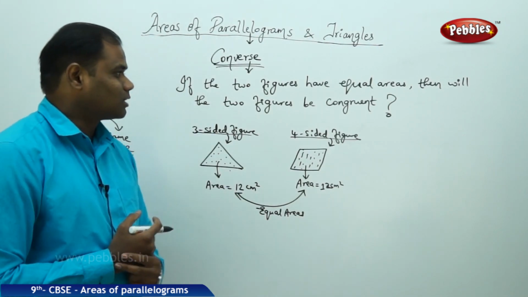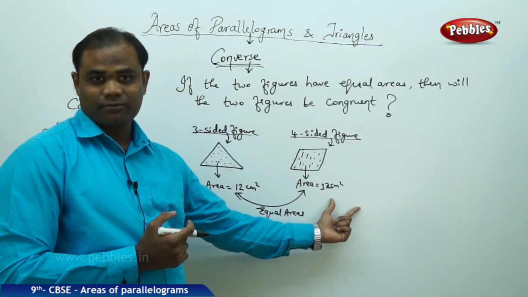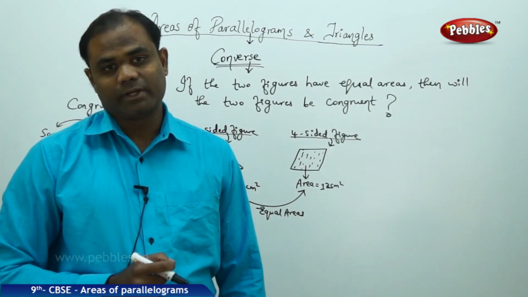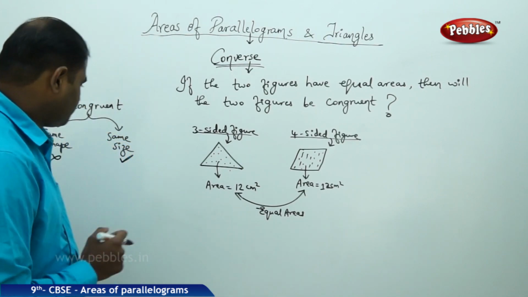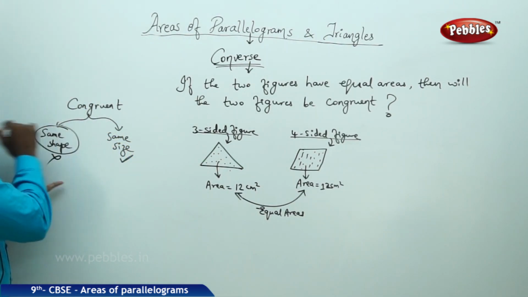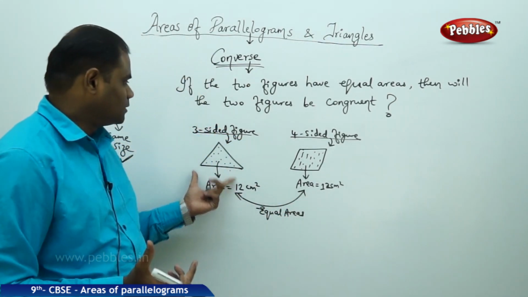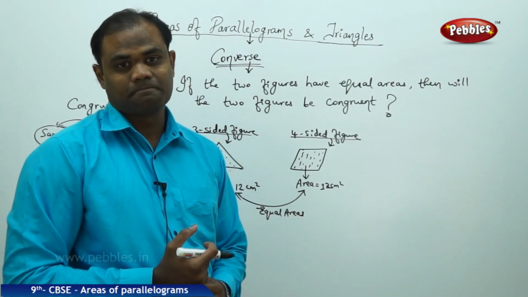Therefore, I conclude that if two figures have equal areas, as in the case of the triangle and parallelogram, then the two figures may not be congruent. Not always. They are congruent if they satisfy the condition of having the same shape. Failing that condition, three-sided and four-sided figures can never be of the same shape.